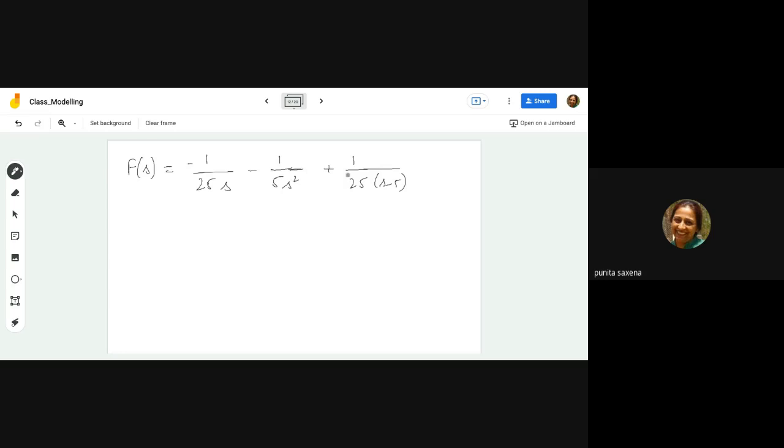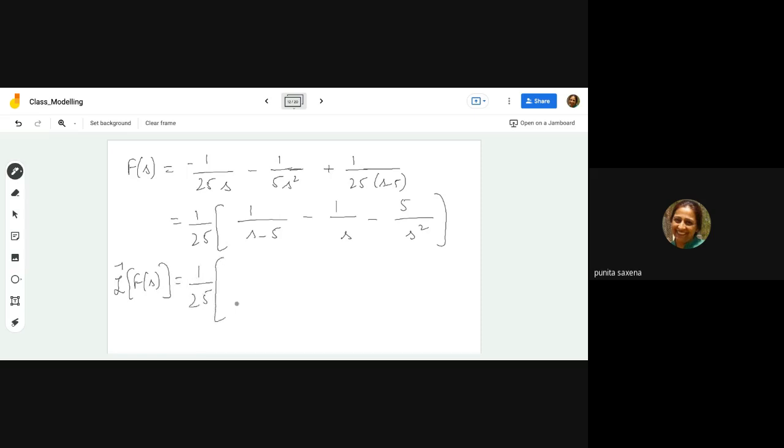Okay. Now, can you find the inverse Laplace now? If I take 1 by 25 common, I'll have 1 upon s minus 5 minus 1 upon s minus 5 upon s square. Right? So what will be the inverse Laplace of this? Now I'm not writing everything.